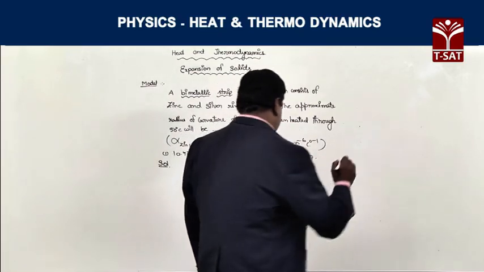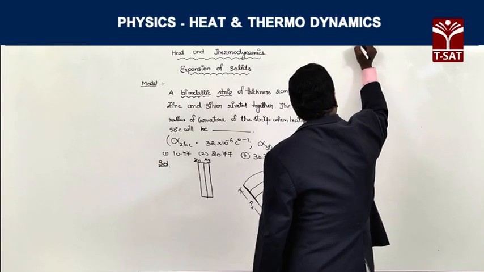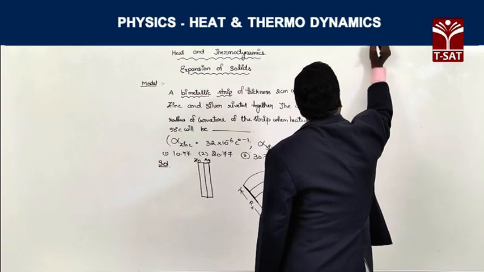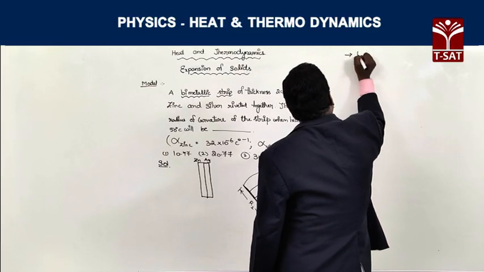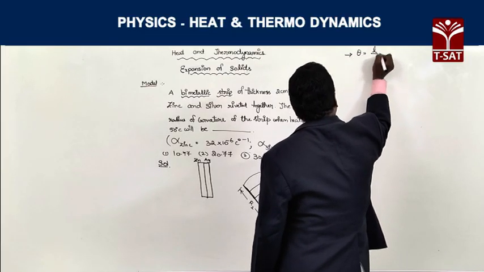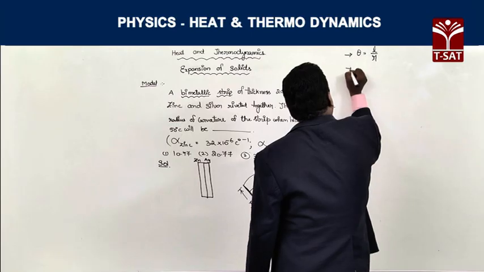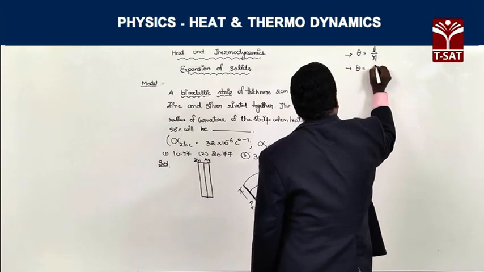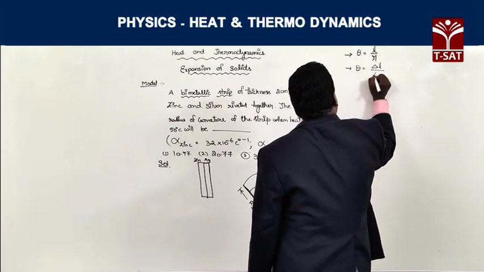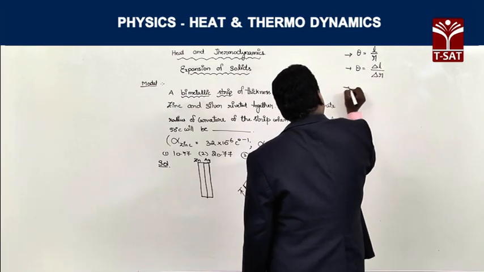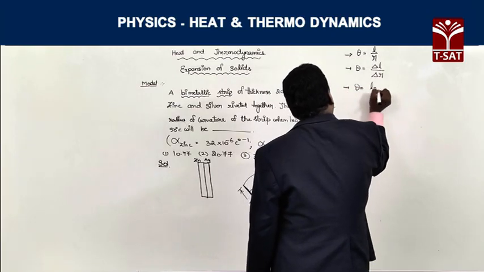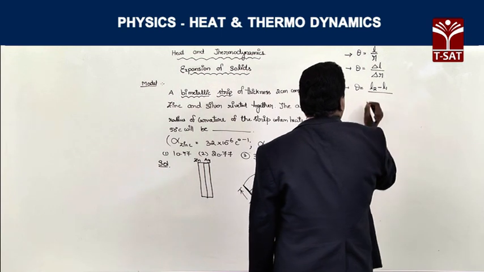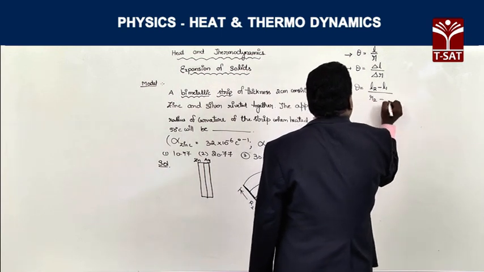We know very well that L equals R theta. As theta is constant, theta equals L by R, which can be written as delta L by delta R. So theta equals L2 minus L1 by R2 minus R1.